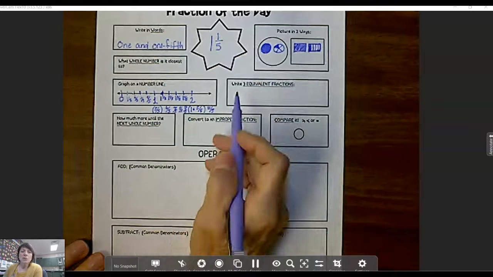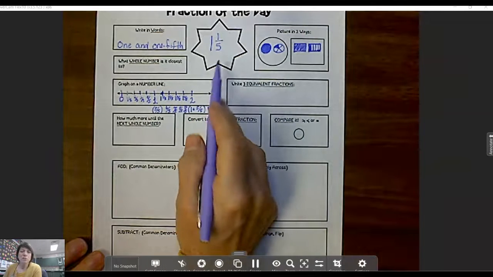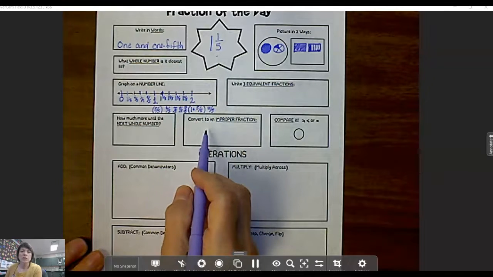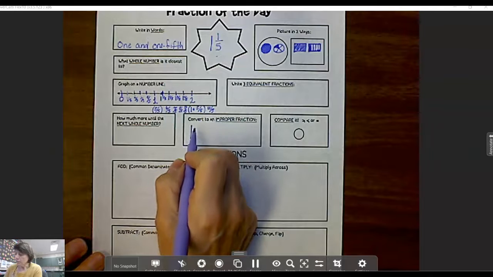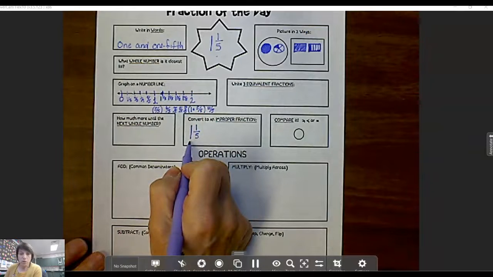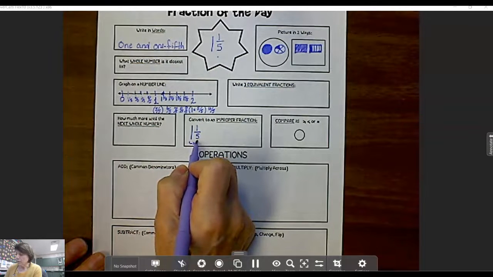Okay, so to write 3 equivalent fractions, the first thing that I'm going to do is take my 1 1/5 and change that into an improper fraction. So changing from a mixed number to an improper fraction works like this. We're going to take the whole number and multiply it by the denominator.